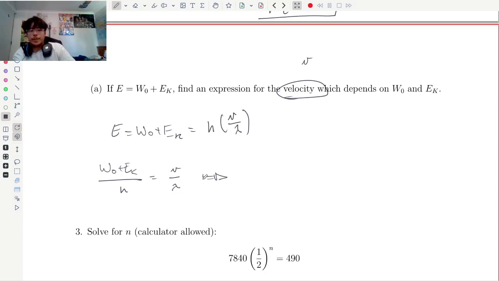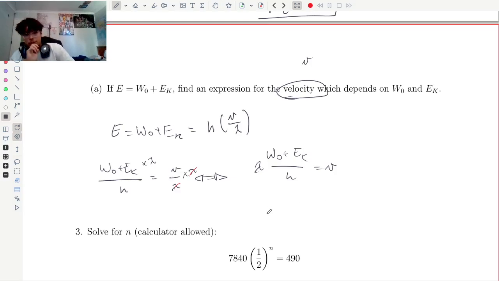So here I don't need to flip the fractions because I have v in the numerator. So I can just times both sides by lambda, and that will cancel with that, leaving us with lambda times (W naught plus EK) over h is equal to v.